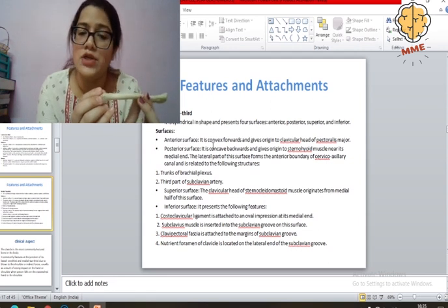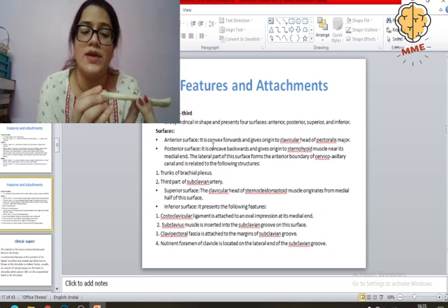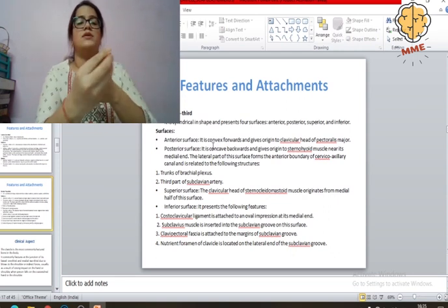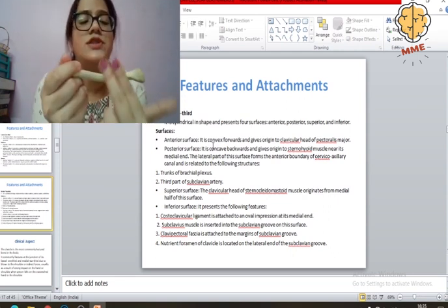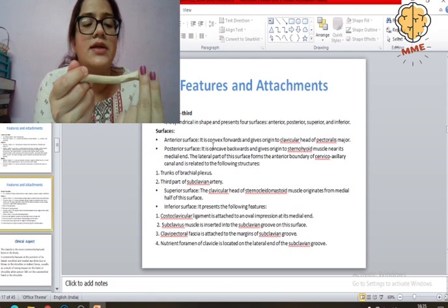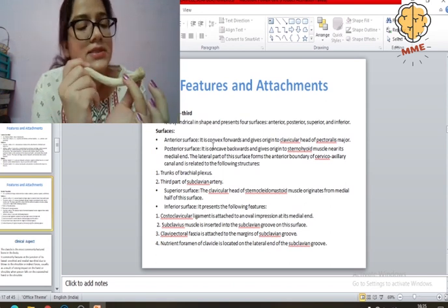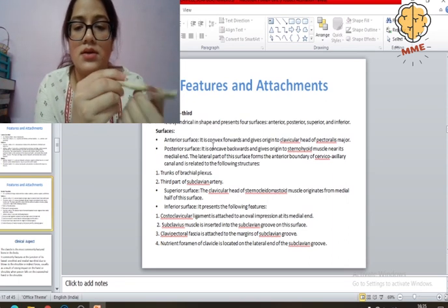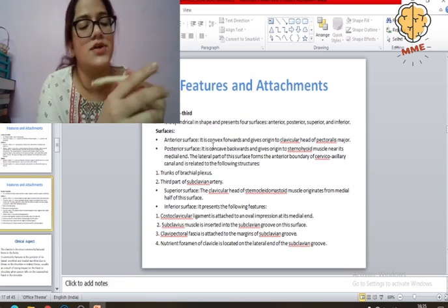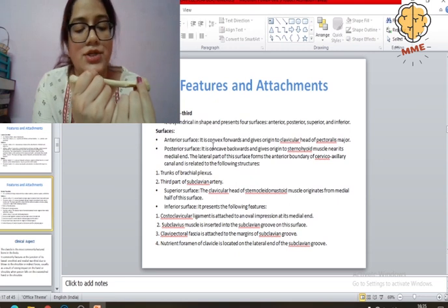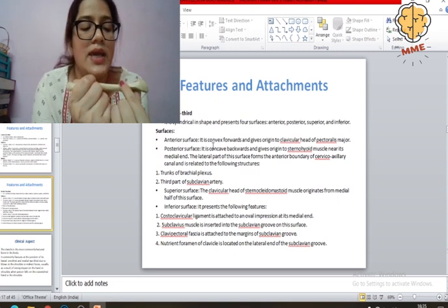Lateral part of this surface forms the anterior boundary of the cervico-axillary canal and is related to the following structures. What do I mean by that? So, this is the posterior, right? Medial 1/3 posterior surface, right? Lateral to the origin of this sternohyoid muscle over here, what do we have?